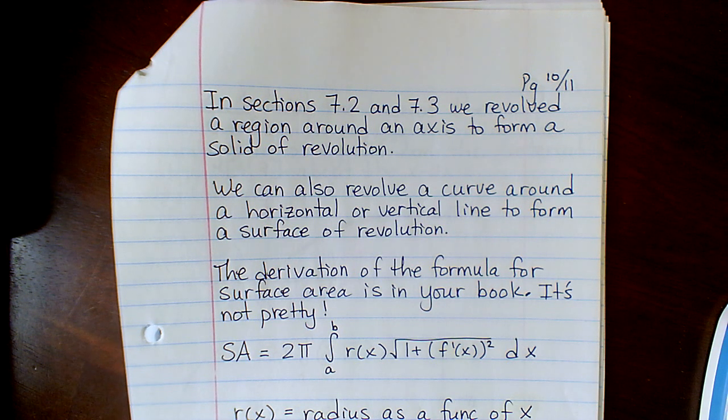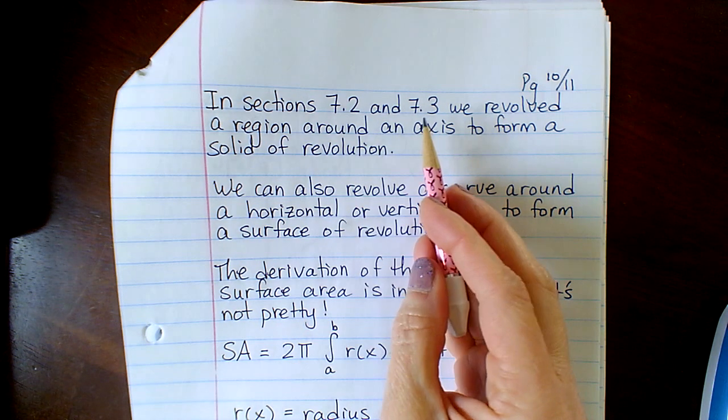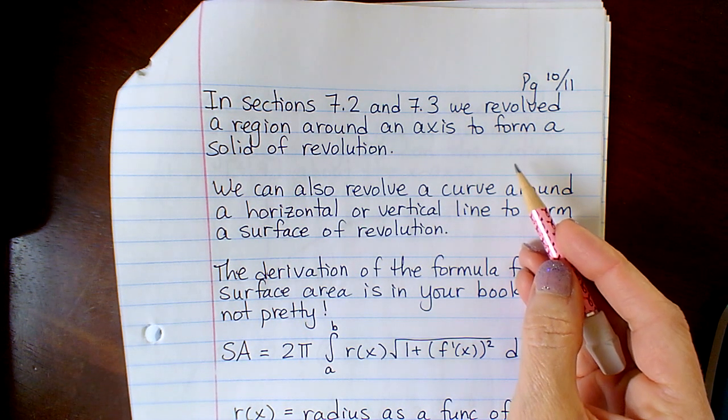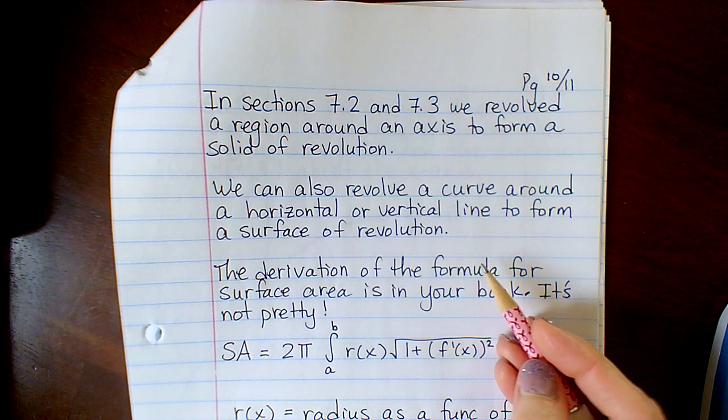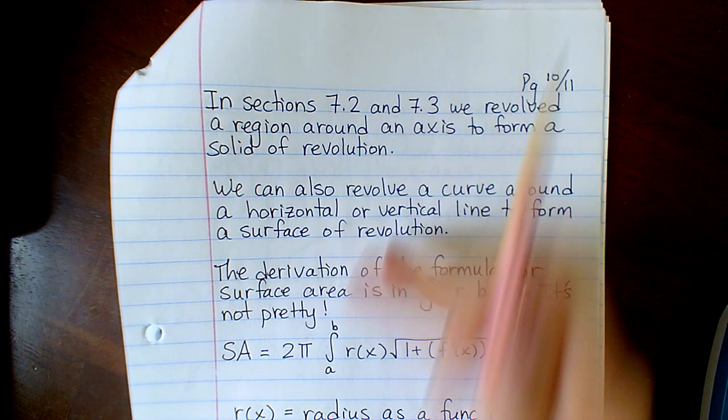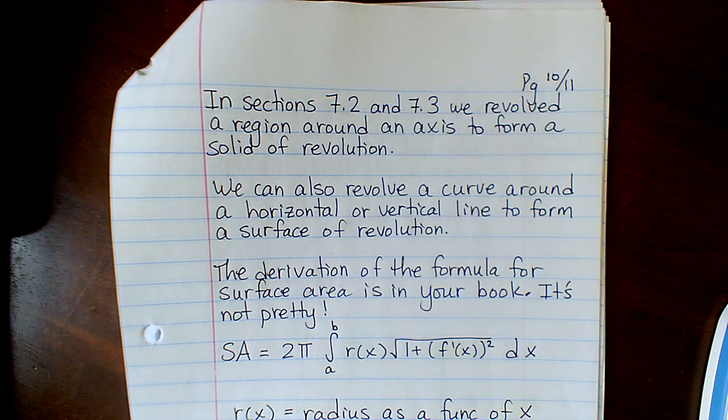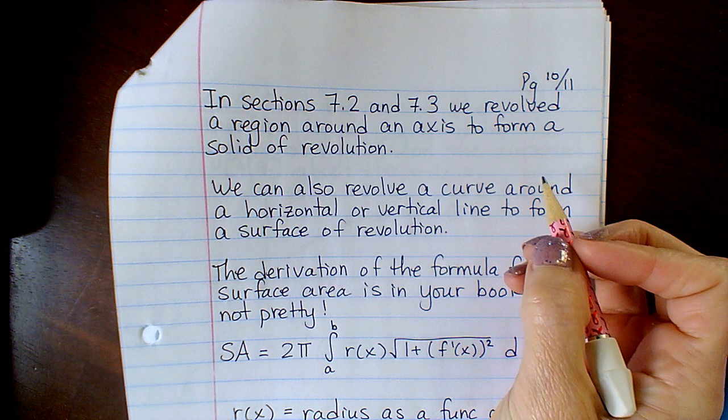Instead of forming an entire solid, so what we did in 7.2 and 7.3 was take a curve and say, hey, here's this entire region. And when I take that region and revolve it, I made a three-dimensional object. I made a solid.